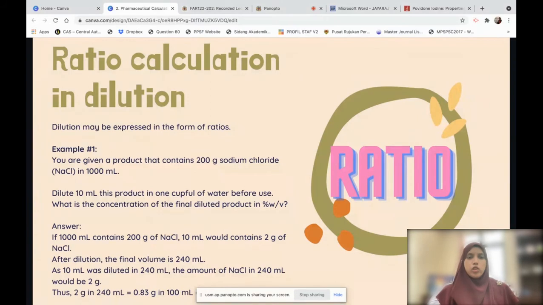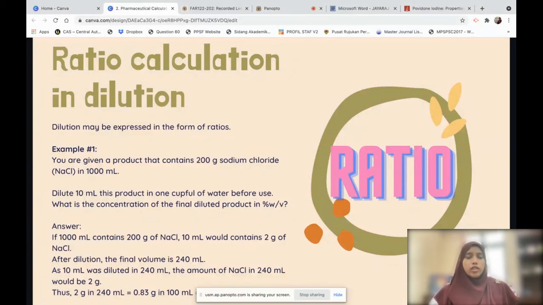As an example, when you were being prescribed a gargle, the Thymo gargle that you can get from a clinic or pharmacy for sore throat is usually supplied in the concentrated form, and you will be asked by the pharmacist or the dispenser to dilute a certain amount of this gargle with a specific amount of water before using it as a gargle.